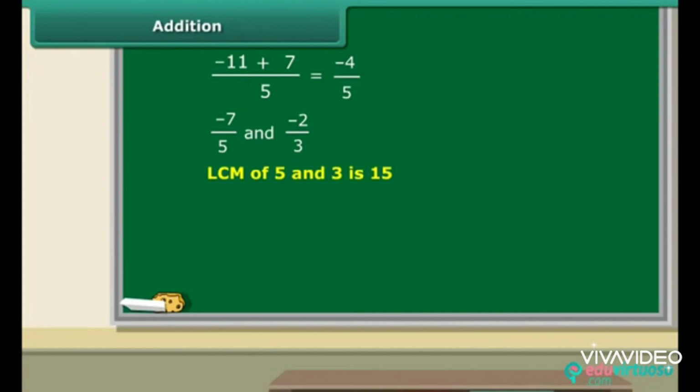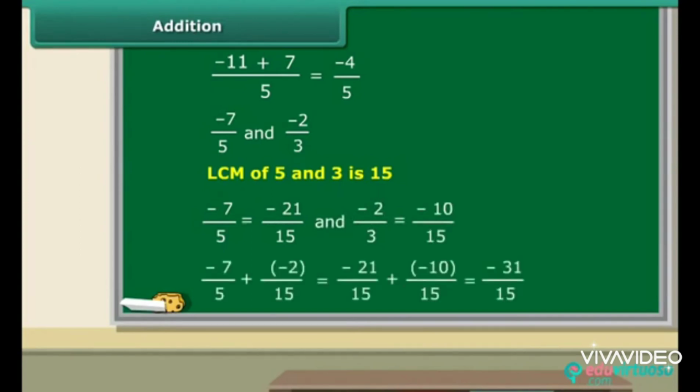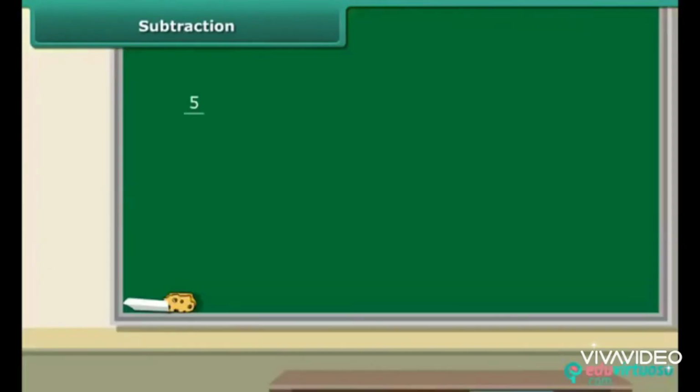In order to add them, we take the LCM of 5 and 3, so it will be 15. Clear? We multiply the numerator and denominator by 3 and get minus 21 upon 15. Then for minus 2 upon 3, we multiply by 5 and we can solve it.